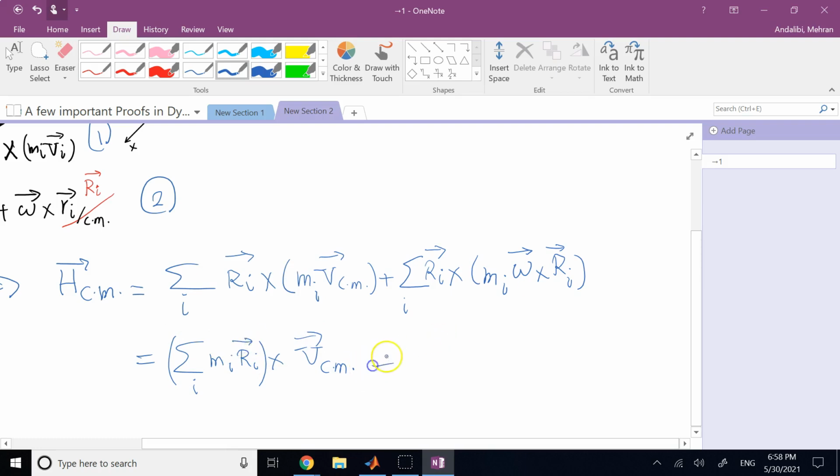What about the second term? In the second term, there is an omega, there is Ri, and there is Ri. Now, I don't know if you know this important thing in cross product of vectors, but what we have here is omega cross Ri and then crossing it back with Ri.